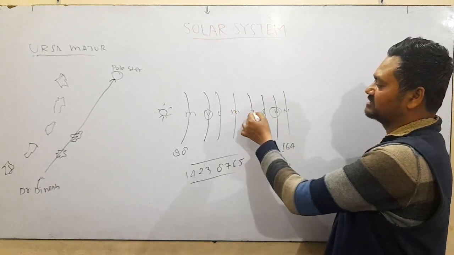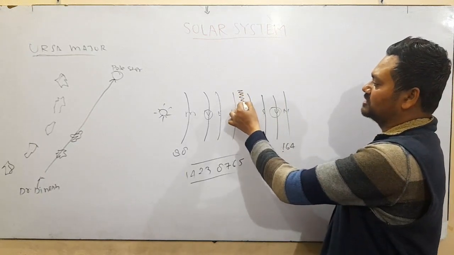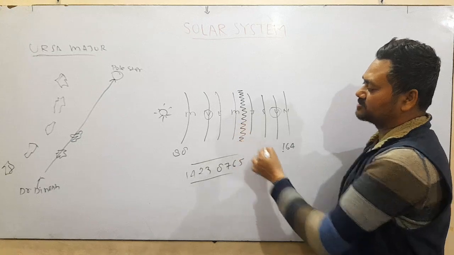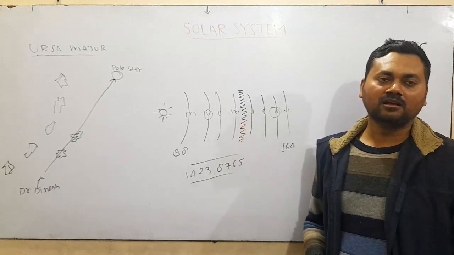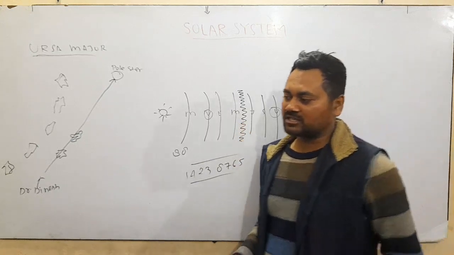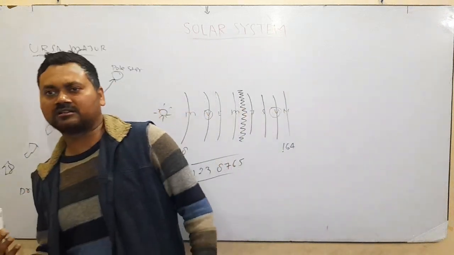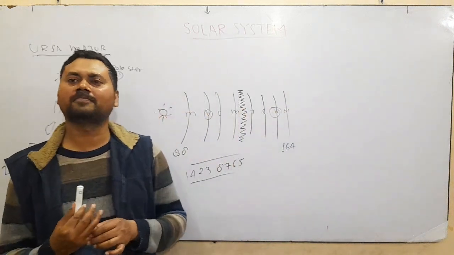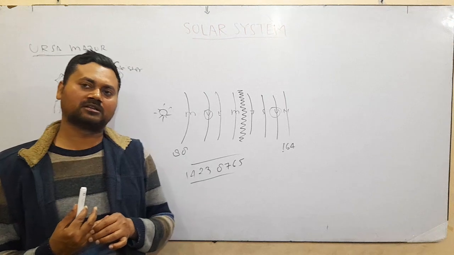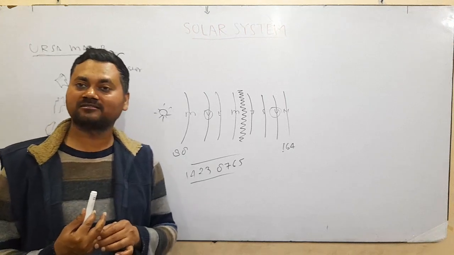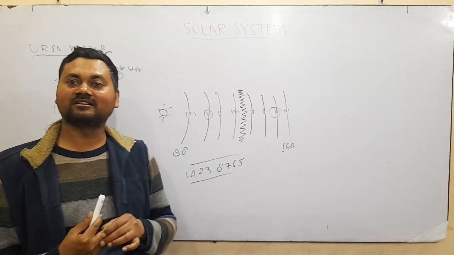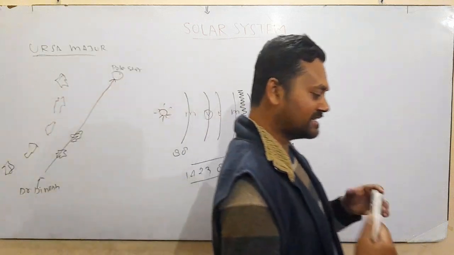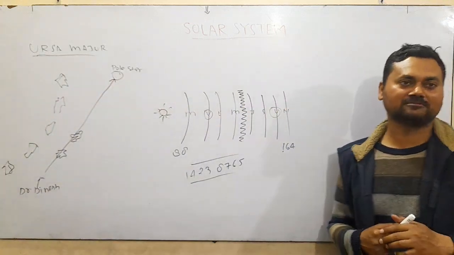So this is Mars and this is Jupiter. In this region, this asteroid belt is present. My question is, you have heard the word asteroid. You have also heard the words meteoroid, meteor and meteorite. What is the difference among all these?